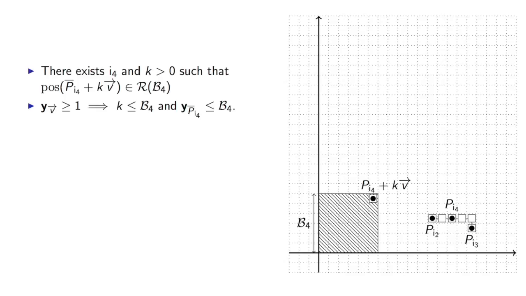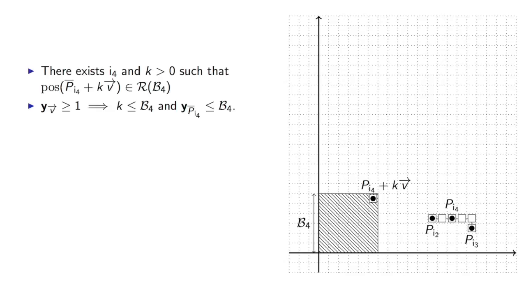Since the extension of the good segment intersects with the shift zone, then there exists an integer k and an index I4 such that the position of the tile P_I4 translated by kV is in the shift zone. Moreover, I4 is between I2 and I3. By the shift constraints, the ordinate of V is strictly positive and k is bounded by b4.